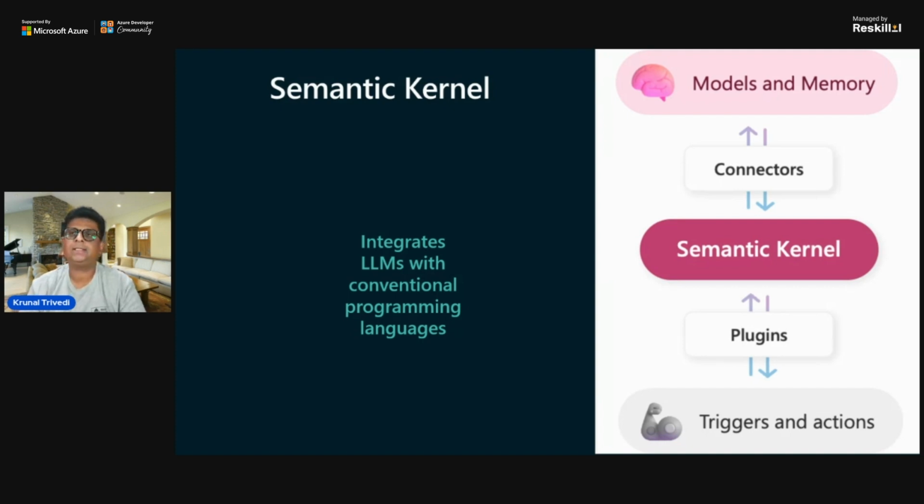Now understand, friends, say you are writing your code in C# and you want to use, say, Azure OpenAI's GPT-3 or GPT-4 model. You need to understand how to talk to Azure OpenAI's GPT-3 and GPT-4 models. Along with that, you need to understand the classes, interfaces, and functionalities provided by GPT-3 and GPT-4.